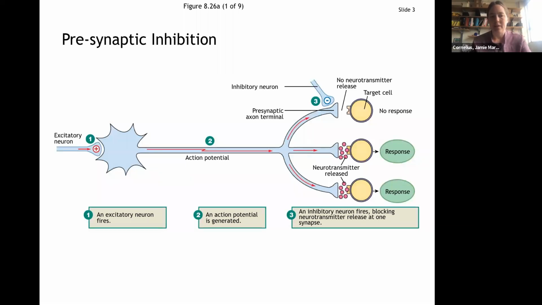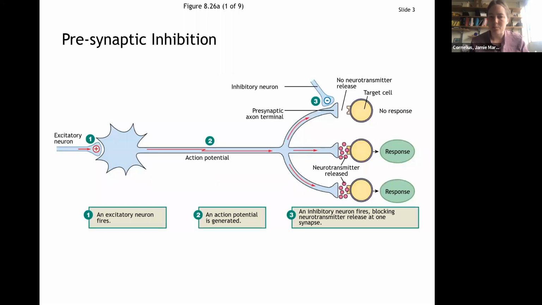Alternatively, you can have a different degree or specificity of inhibition. Instead of inhibiting at the cell body and the dendrites and causing a complete cessation of an action potential, you can inhibit at the presynaptic axon terminal. You might have GABA release there that allows chloride into that axon terminal, and those negative chloride ions are going to keep the voltage-gated calcium channels from opening.